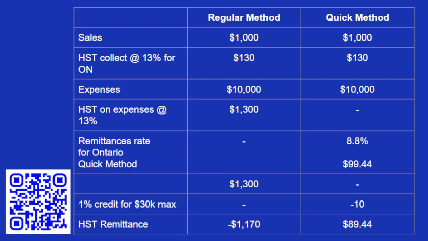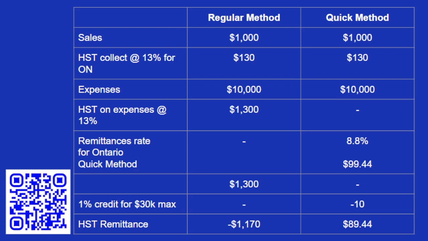You make sales of only $1,000, and you collect HST of $130, or let's say you register, you collect $130, but you have expenses of $10,000, so you're going to be making a loss, $9,000 loss. But on top of this $10,000, you're going to be paying HST of $1,300.